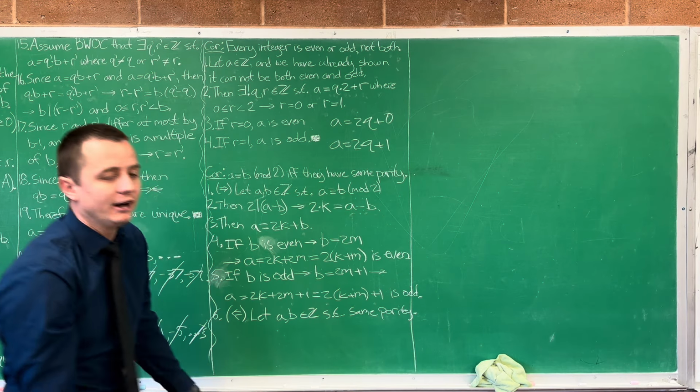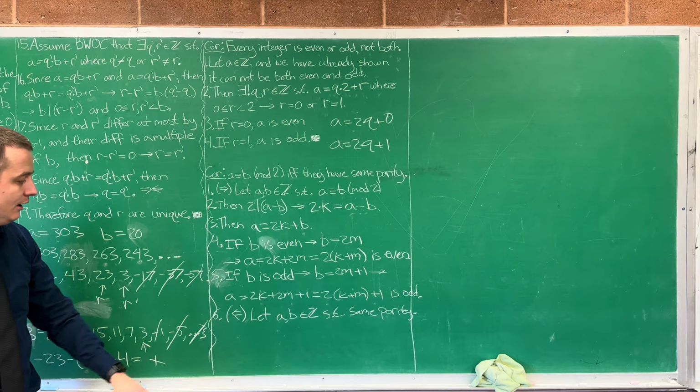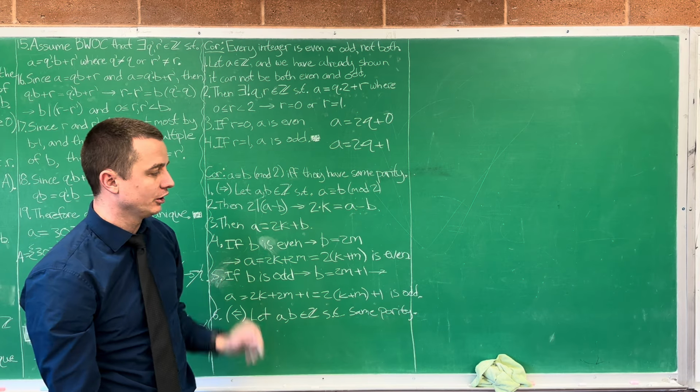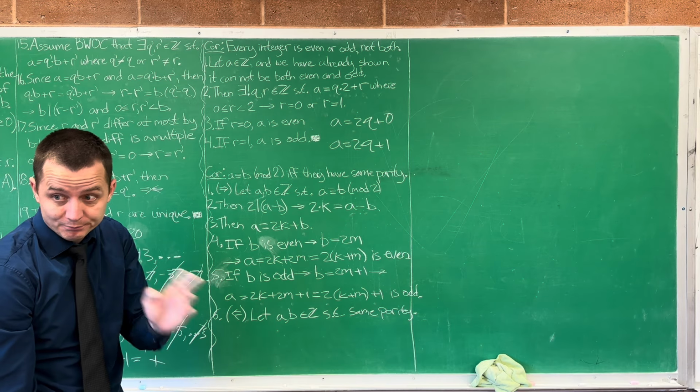We still have two cases to handle. Either they're both even or they're both odd. I need to show if they're both even, then they're congruent to each other mod 2. And I need to show if they're both odd, then they're congruent to each other mod 2.